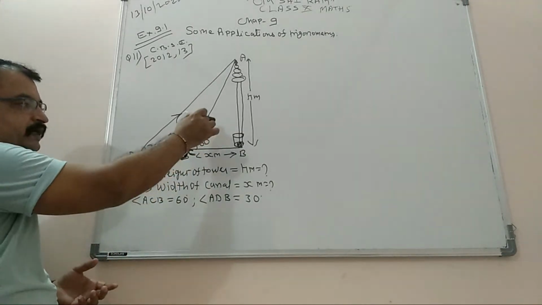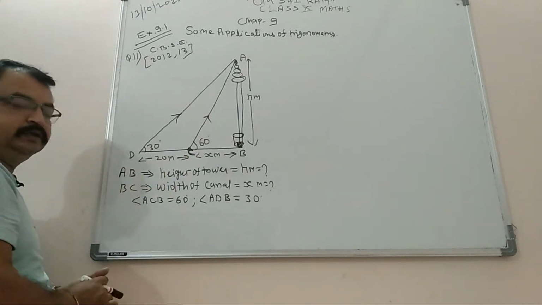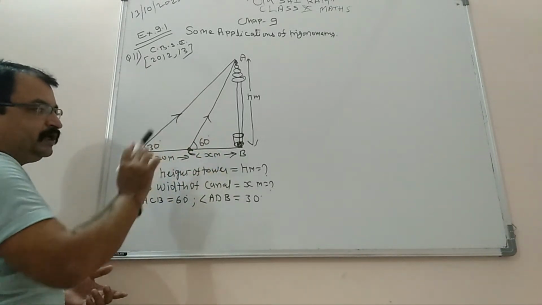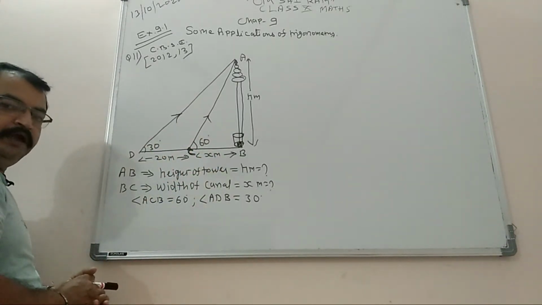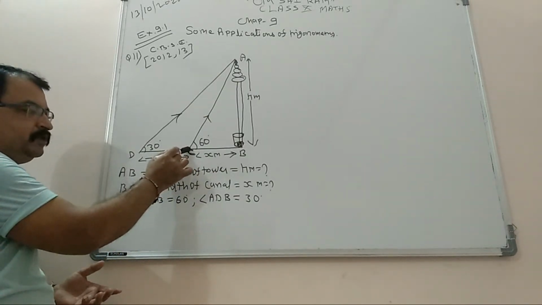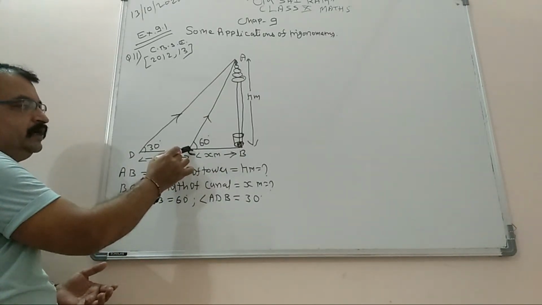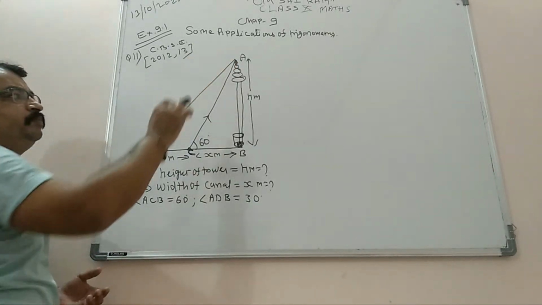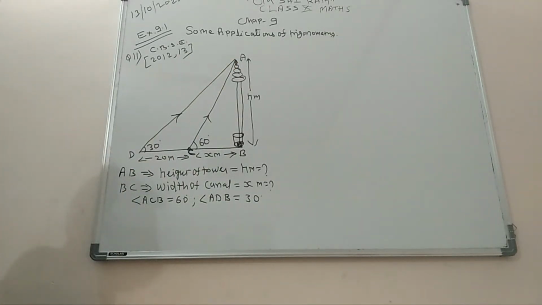And of course this is the canal, children. Point C is on the bank of the canal. So he is on the bank of the canal and trying to observe something at the top of the tower, but he is unable to see the proper picture.